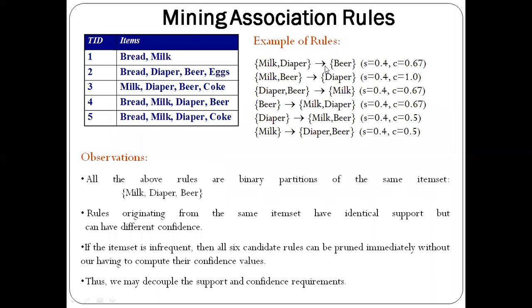So if you want to call the item set or the rule as frequent, then the support of that rule or item set must be greater than the minimum support. For example, if you got the calculated value as 0.6 and the given minimum support is 0.5, since 0.6 is greater than 0.5, we can consider these item sets as frequent.